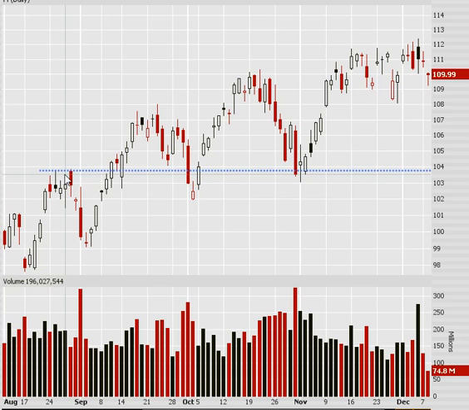This resistance level now becomes new support when we pull back to an old resistance level. So old resistance becomes new support, and vice versa. Old support becomes new resistance.